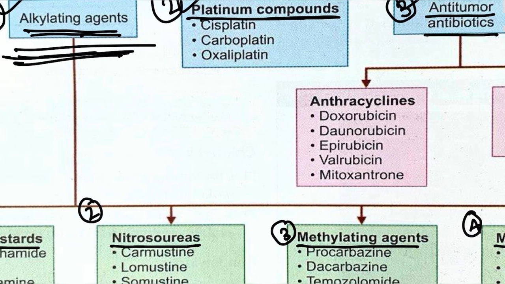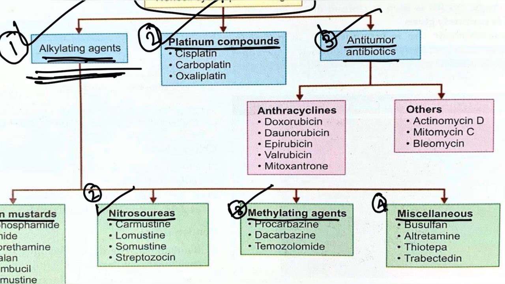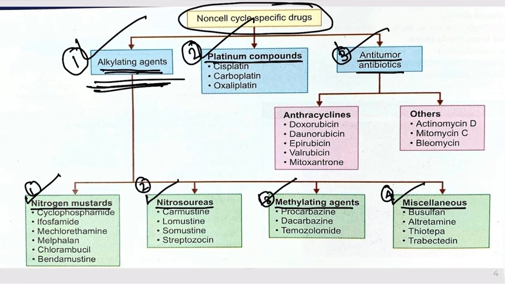So nitrogen mustards, nitrosoureas, methylating agents and miscellaneous drugs, these all belong to alkylating agents.